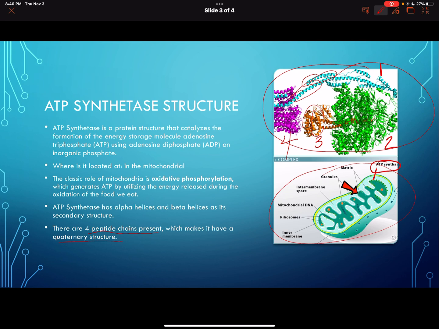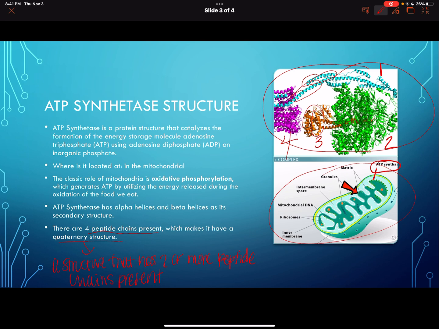And quaternary structure is a structure that has 2 or more peptide chains present, which ATP synthase has 4 peptide chains, which is 2 or more of what is needed for a quaternary structure, which makes ATP synthase a quaternary structure.